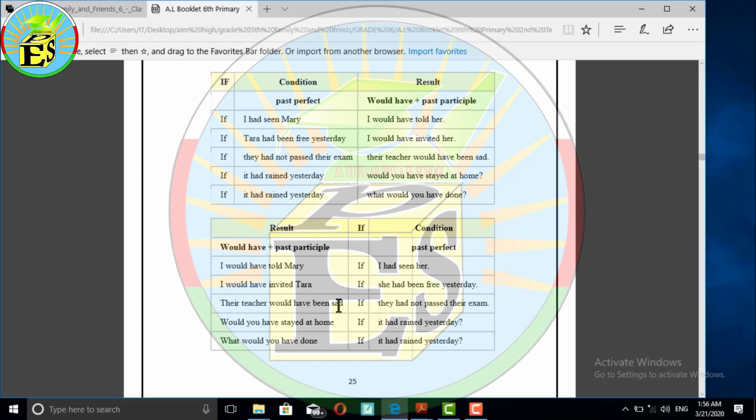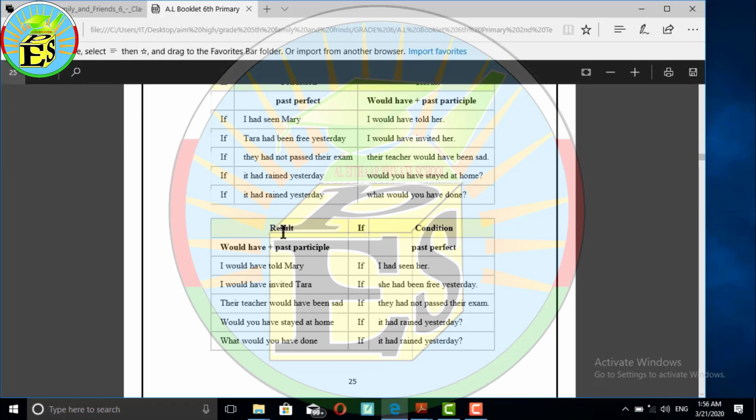Look at the second table. In the second table, we put if in the middle. Here we don't put a comma in the middle, between the first part, the result, and the second part, which is the condition.